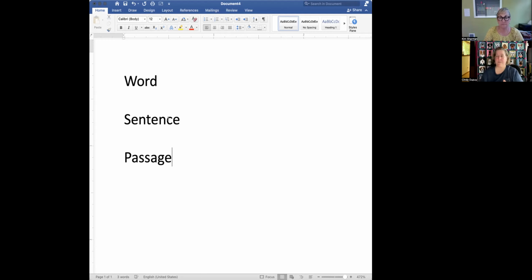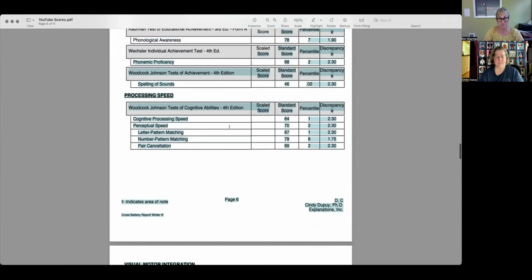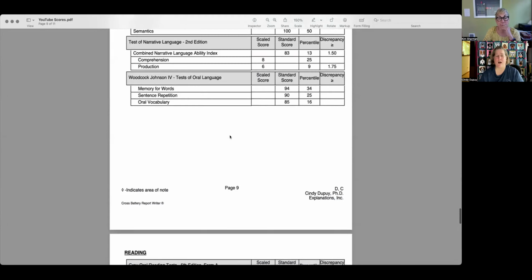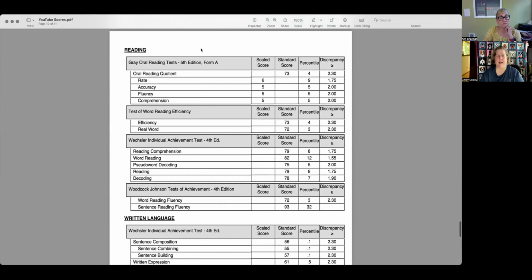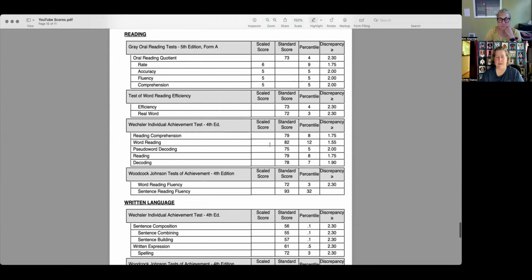Okay. Then I go back in and I look at how well does my child read, or how well does a student I'm working with read at the sentence level. So if we were to come in, let's go to our test score summary that I sorted out. And so I would come in and I would say, let's highlight words in yellow.